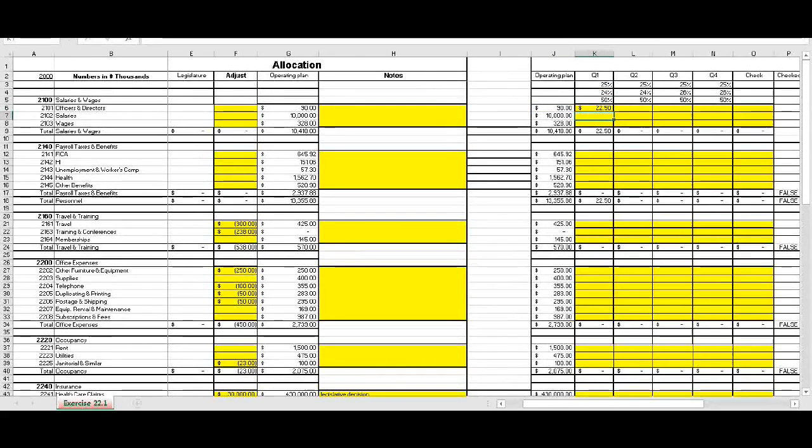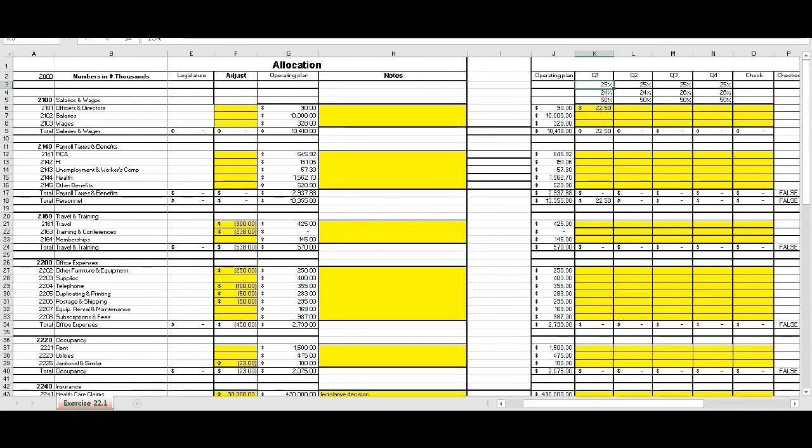All right. So essentially here, we're going to split this out by quarter, right? So here, what I've done for quarter one is I multiplied the operating plan amount by K3, which is 25%, which is 1/4.